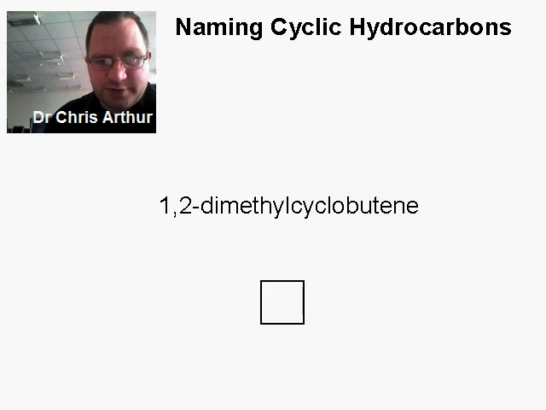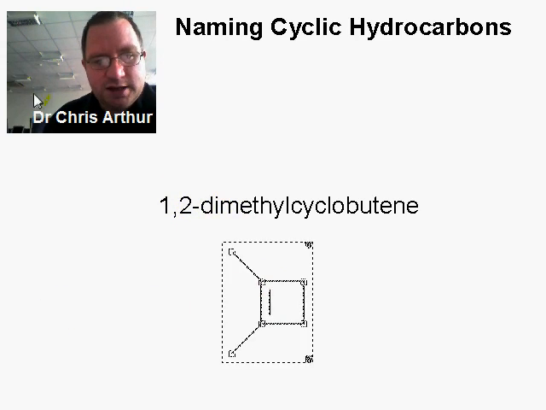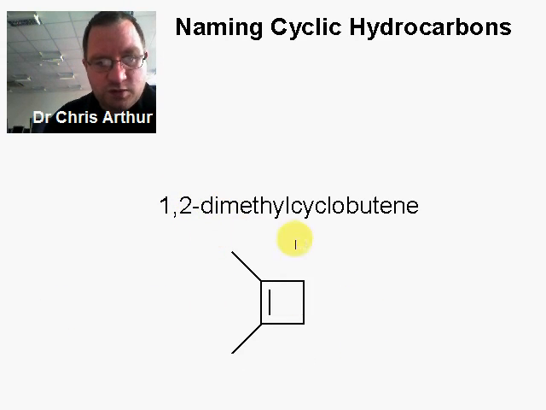So we'll start by drawing a 4 carbon ring, and we've got a double bond in here. We're not sure of the double bond position, but you can assume that if you don't say, the double bond position is 1. And we have 2 methyl groups. One is on position 1, and one is on position 2, and that's it. 1,2-dimethylcyclobutene.